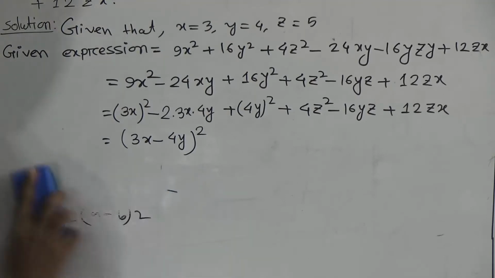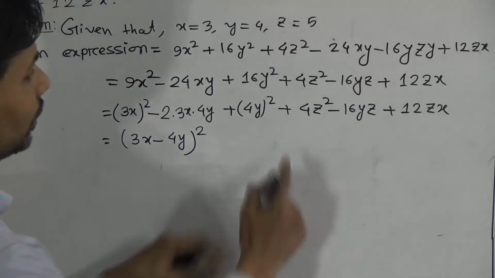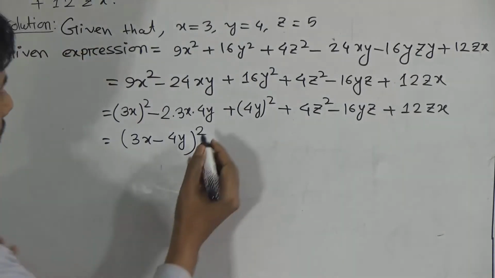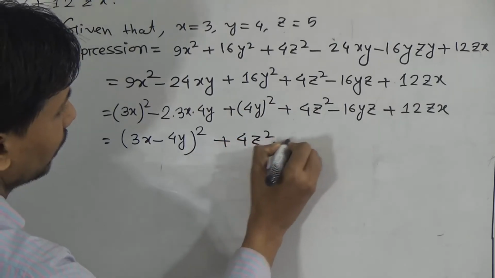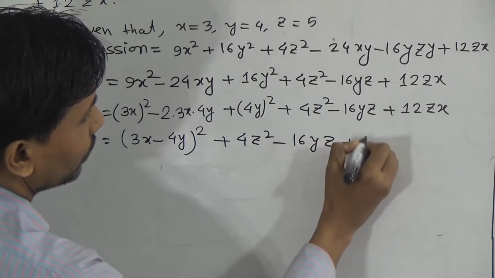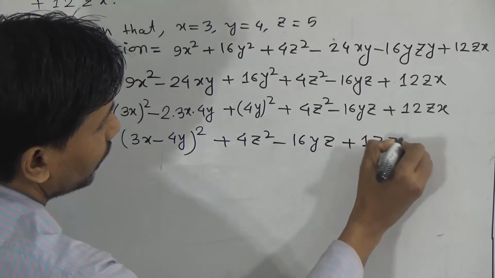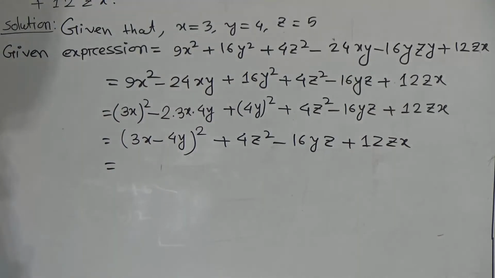Now this expression remains the same: 4z square minus 16yz plus 12zx. Now we have to put the values.